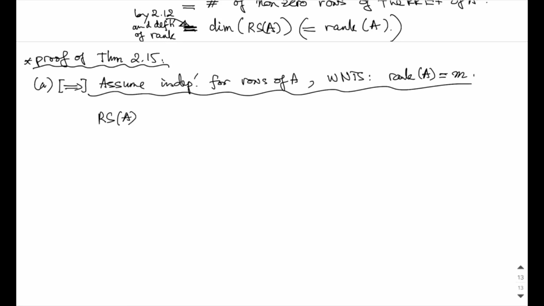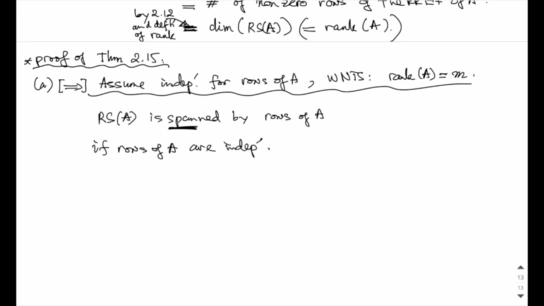The row space of A is spanned by the rows of A. This is obvious, right? Now, if the rows of A are independent, well, you have the spanning and the independence property, so that's of course a basis for the row space of A. But then, because you know it's a basis, you just count the number of vectors in it, and that's the dimension of the row space of A.